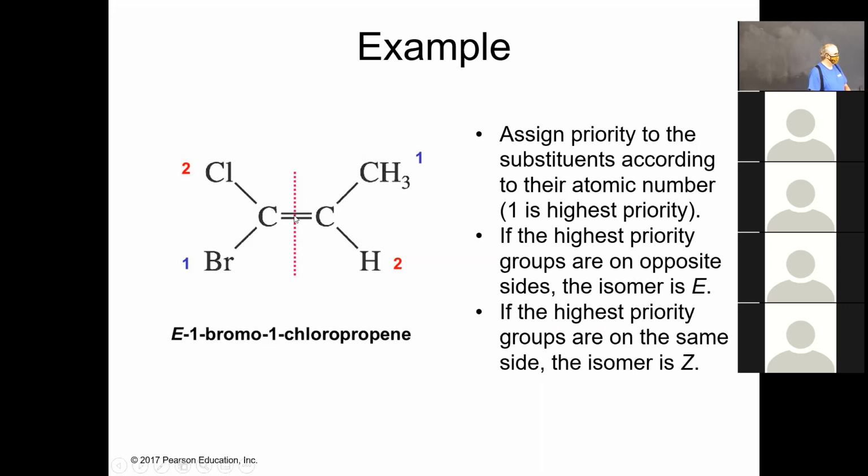On this side, bromine is atomic number 35, chlorine is 17, so bromine wins. On this side, carbon is higher than hydrogen. The 2 higher priority groups are opposite, so this is E. If the 2 higher priority groups were on the same side, it would be Z. So if I switch the methyl and the hydrogen, that would be the Z isomer.